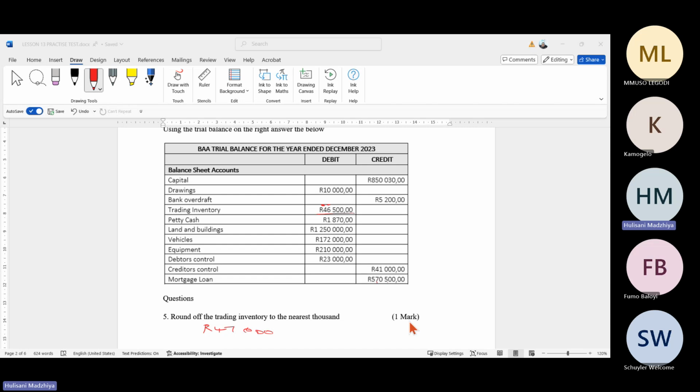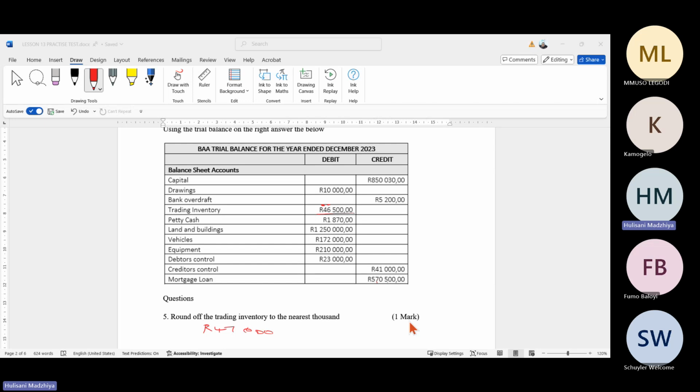So Kamogelo said 48,370. What about the rest of you guys? Likhudi, Paloi, and Welcome, what are your figures? Total current assets. Okay, guys, your time is up.